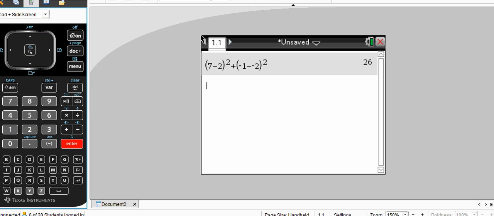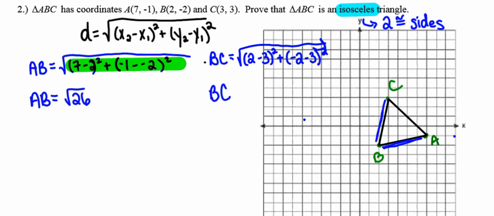And just like I did in the first example, I'm going to enter everything underneath the square root sign, but not the square root itself. So I'll start with that open parentheses and do 2 subtract 3, square it, plus, and then a second set of parentheses, -2 subtract 3, square that. And this one too, it tells me that my answer is the square root of 26. So the distance between points B and C is the square root of 26.